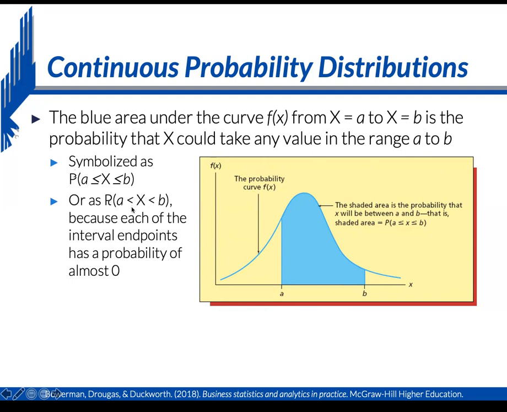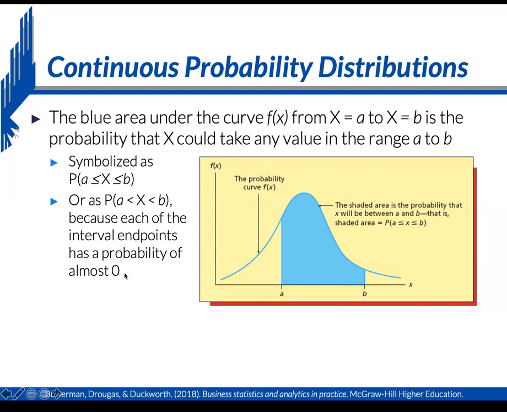Because if you, again, go back to our definition, x is a continuous random variable, which means that x has infinite possible values. So a is just one out of the infinite possible values for x. b is also just one of the infinite possible values for x. So the probability that x will be exactly equal to one specific value, given that there are infinite possible values, is almost 0.